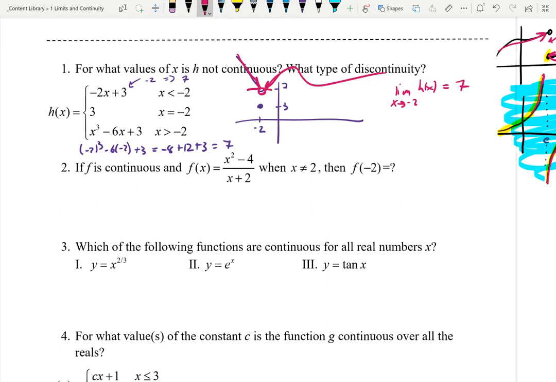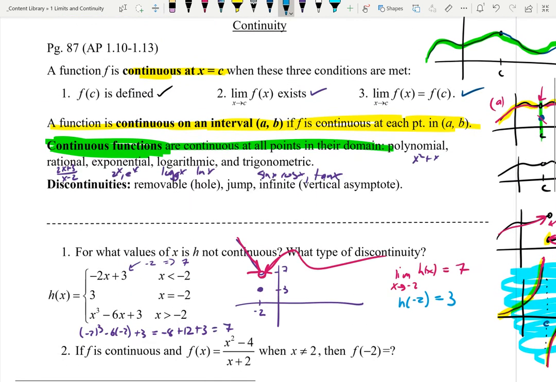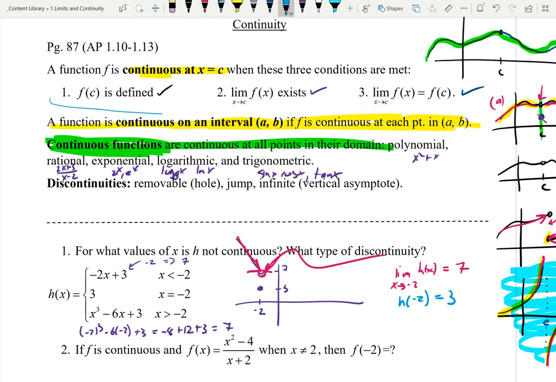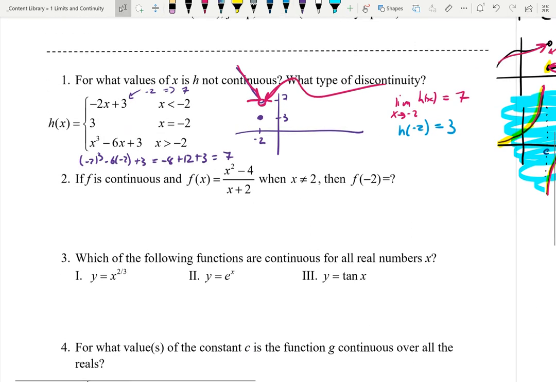And we also have h of -2 existing. That's equal to 3. So 1 and 2 here are satisfied, but 3 is not, because these two numbers do not equal each other. So we have a discontinuity, and this is what we call a removable discontinuity at x equals -2.